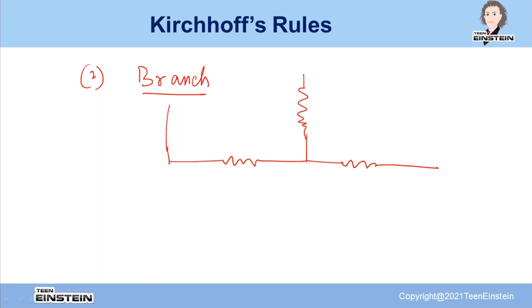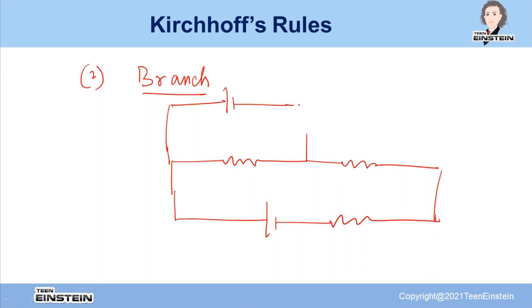So this can be connected to a battery like this, to another resistor maybe. There can be another battery, okay, maybe another resistor over here, then it can be connected like this.